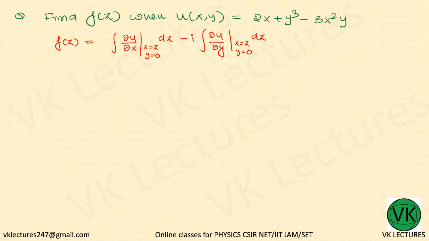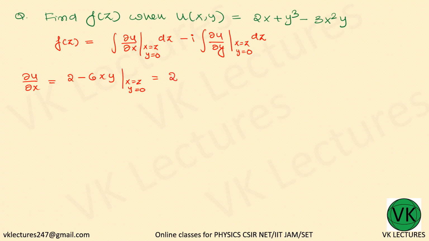So let's find dou u by dou x. Dou u by dou x is equal to 2 minus 6xy. Now at x equal to z and y equal to 0, you get just 2.